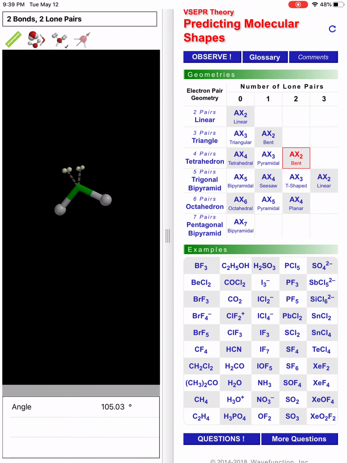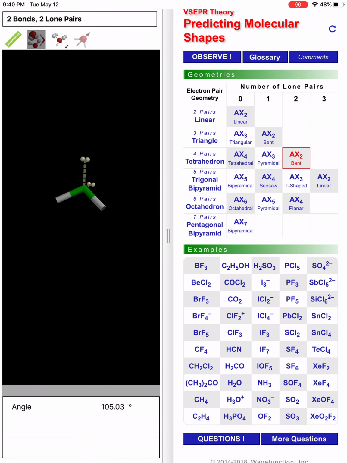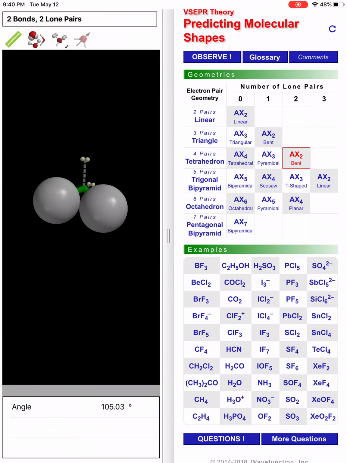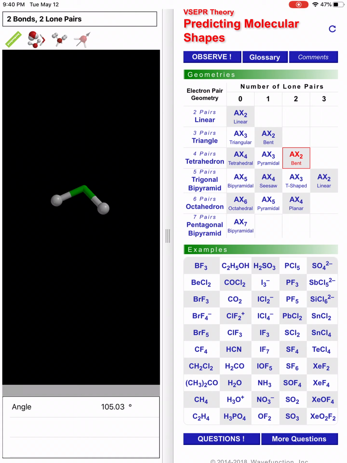So now what you're left with are 2 lone pairs and 2 atoms, and if I take away the lone pairs, if I just hide them from view, they're still there, you just can't see them. All you are left with is an angle. And what is the angle? 105 degrees. Okay?